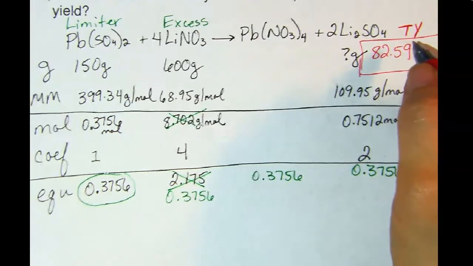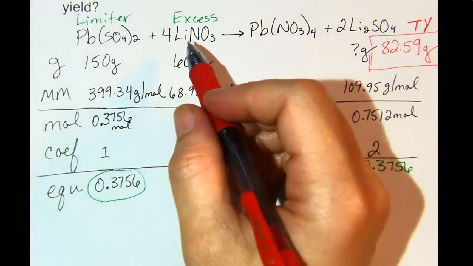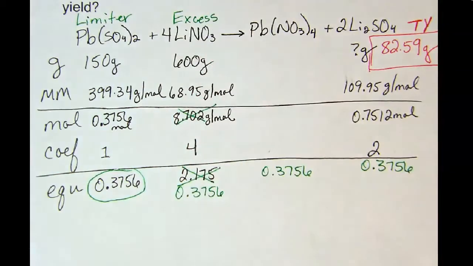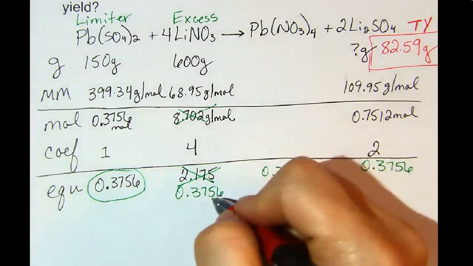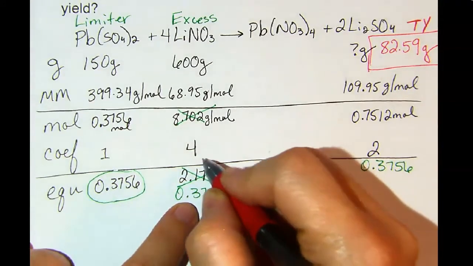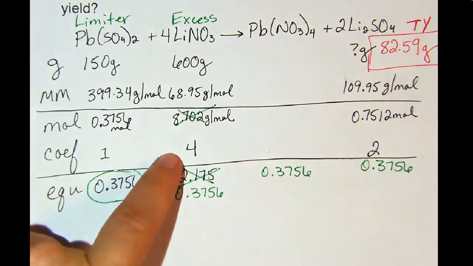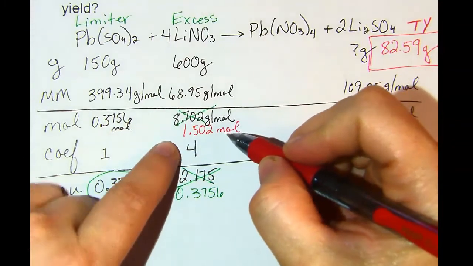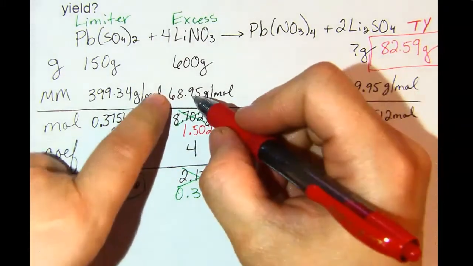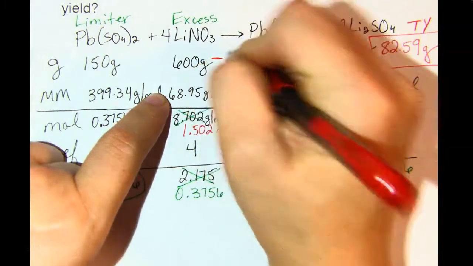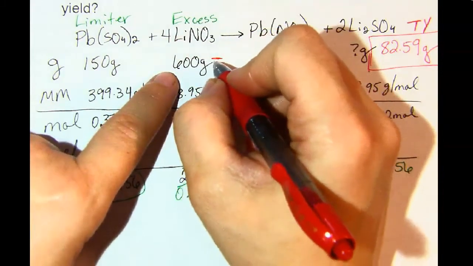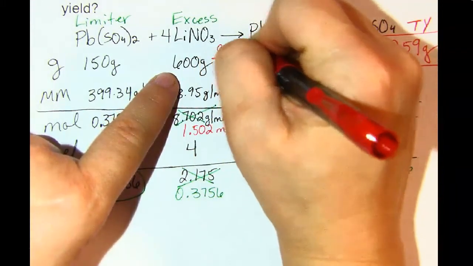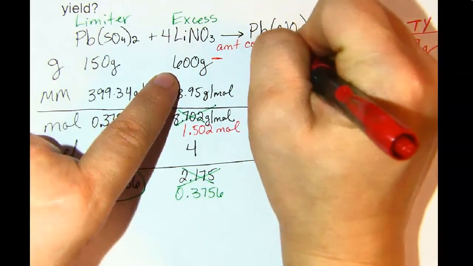Okay, now the other question, letter C, says determine the amount of excess remaining. So I'm going to use my equivalent, multiply that times 4 to get the new moles, which is going to be 1.502, multiply that times the molar mass, and it's going to be 600 grams minus this number that we're getting, which is the amount consumed.